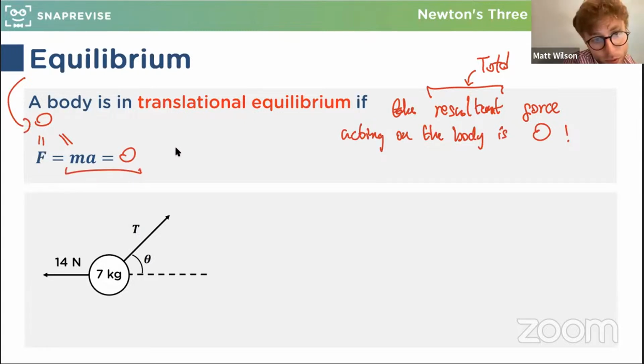And as I was saying before, assuming your object has a mass, which I think any object you can imagine does have, the only exception is maybe something like a photon, which you'll see more about in particle physics. So any reasonable object you can imagine has a non-zero mass, and therefore if mass times acceleration is zero, it must be because the acceleration is equal to zero.